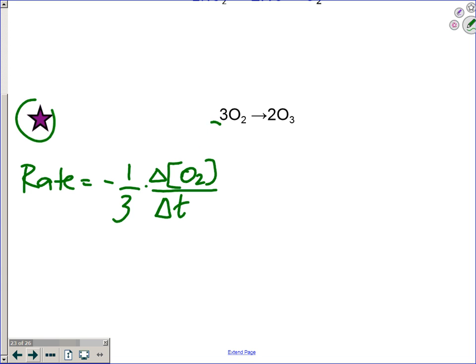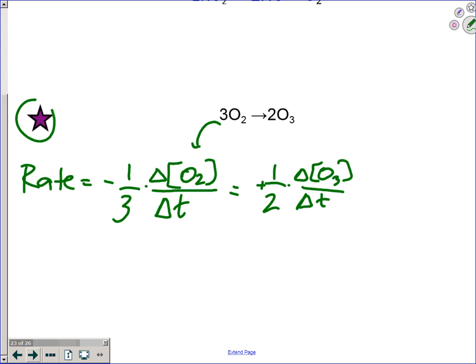Okay, so that's just with respect to the reactant of oxygen. And then we've already incorporated the 3 as we put them on the same playing field, so we divide by 3. This is just like limiting reagent when we divide by its coefficient. Keep going. Equivalent to positive 1 over 2 times delta concentration of ozone over delta t.